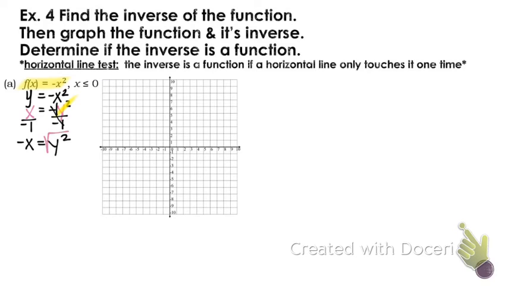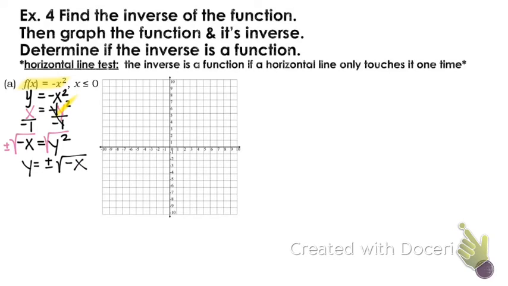I square root both sides, and I put the radical in, so what else has to go in? The plus or minus. Again, it goes on the side away from the squared term. So it's not on the side with y squared, it's on the other side. So what is the square root of y squared? Y. So y equals plus or minus the square root of negative x.